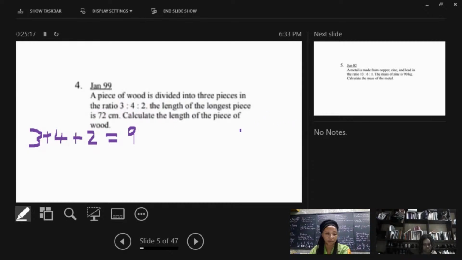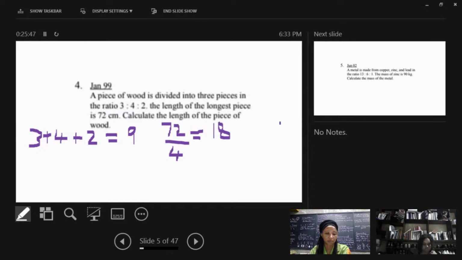We divide 72 by 4. And that gives what? 4 into 7 is 1, 4 into 32 is 8. 18.